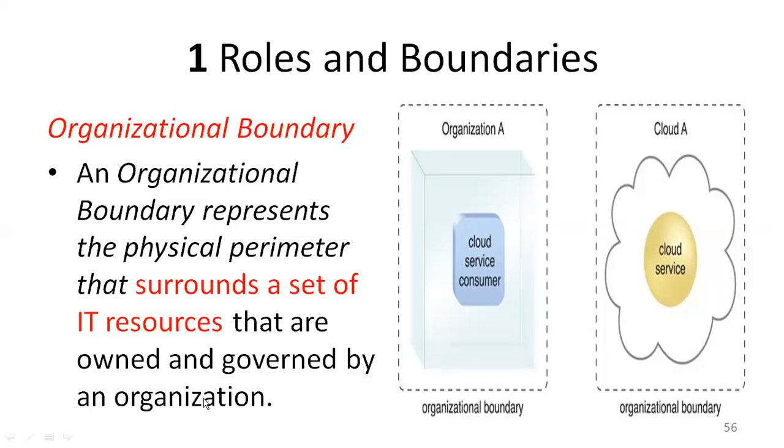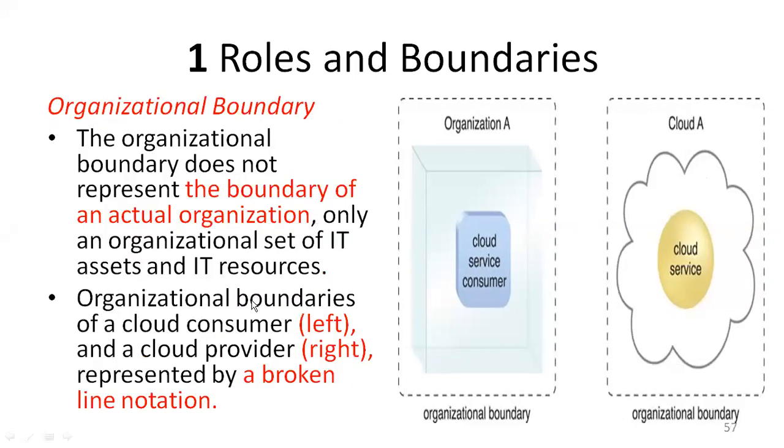The perimeter of the IT resources of a cloud consumer is its boundary. The perimeter of the IT resources of a provider is called the organizational boundary of the provider. The organizational boundary is the boundary of an actual organization, only an organizational set of IT assets and resources.